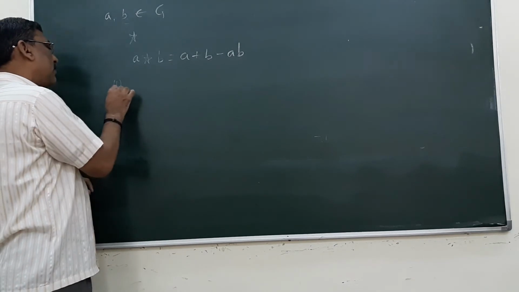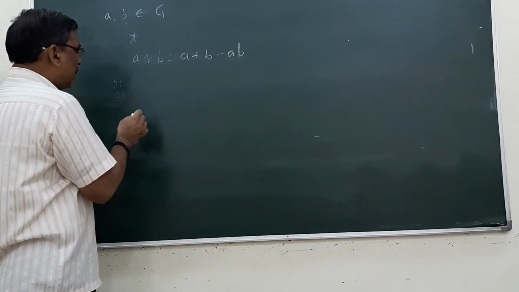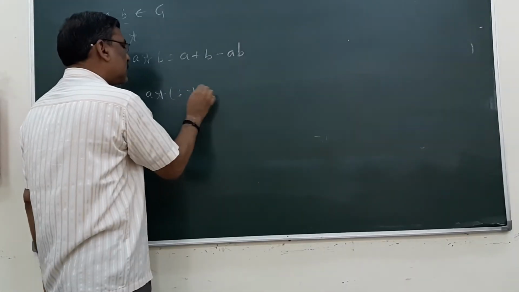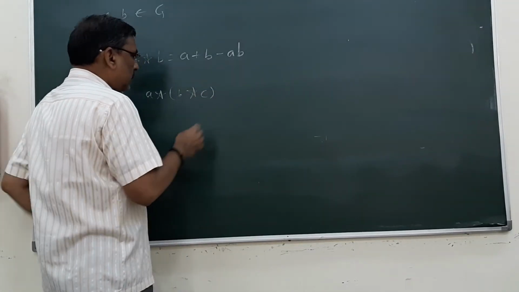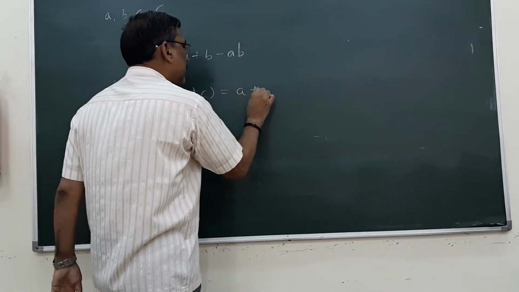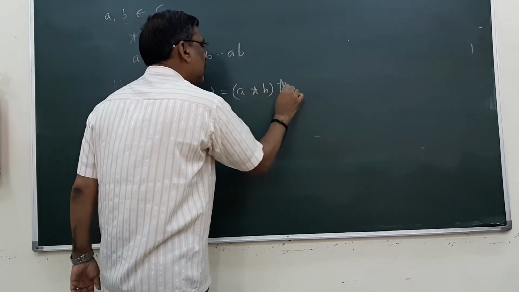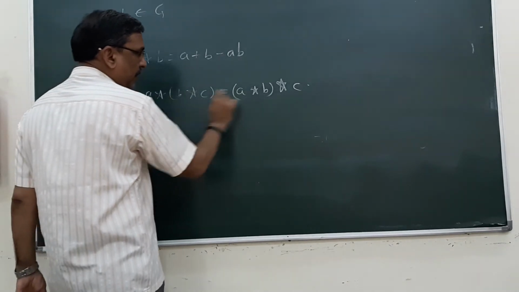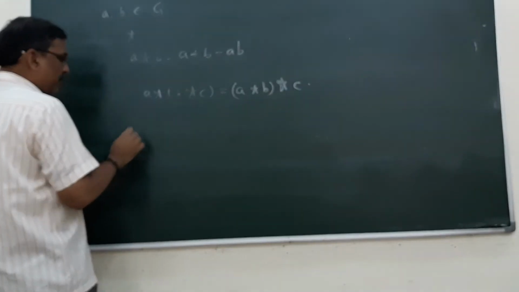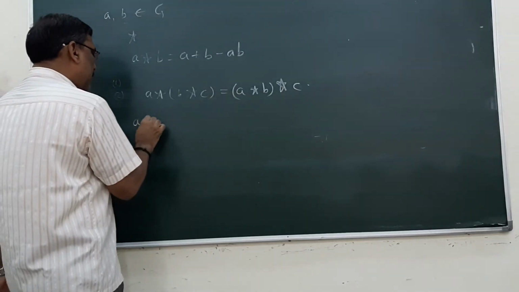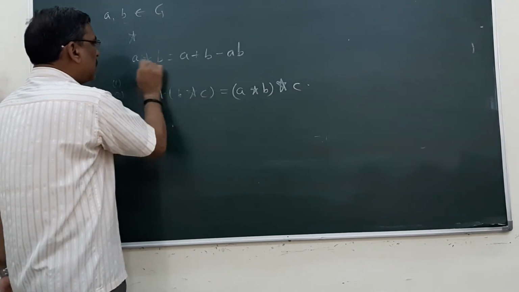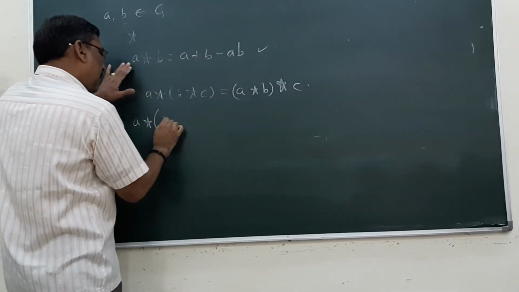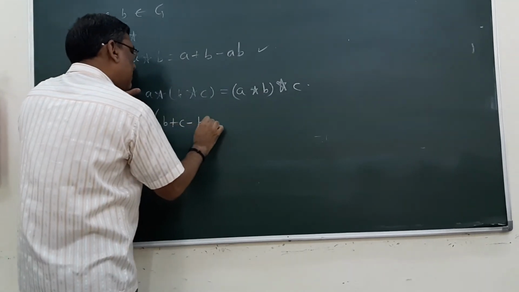So closure property holds. For the associative property, we have to prove that A operation (B operation C) is equal to (A operation B) operation C. Let us start with A operation (B operation C). From the given property, B operation C is B plus C minus BC.